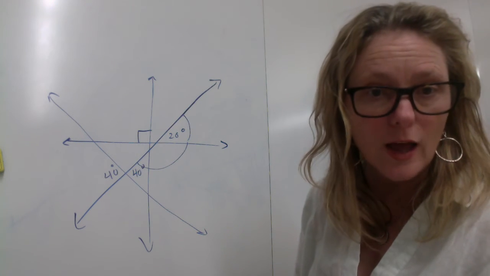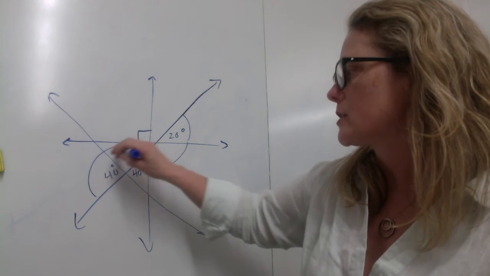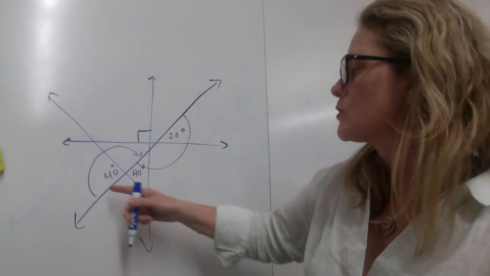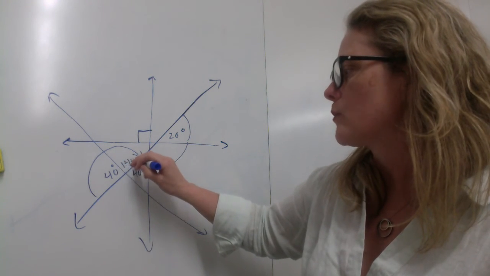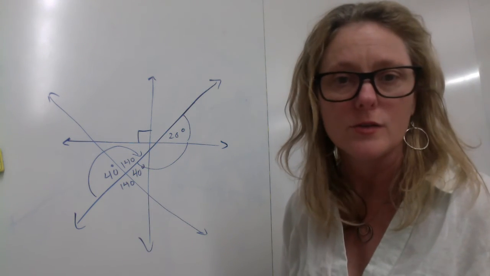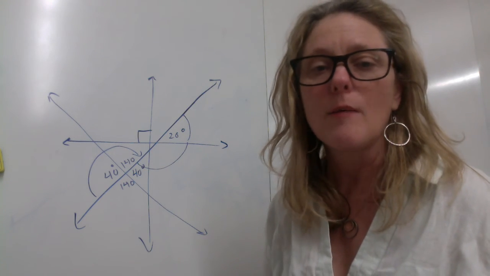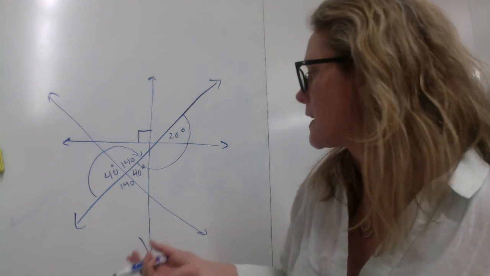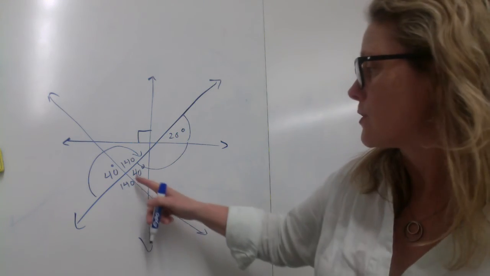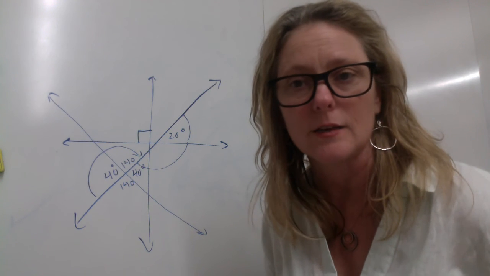And I could go ahead and figure out now this angle, because from here to here, it's going to add to 180. So if that's 40, that must be 140, which makes this angle here also 140 degrees. So I'm using those angle relationships. I didn't talk about this, but again, I could look at the fact that this is a triangle here. I might use the fact that those three angles also add to 180.